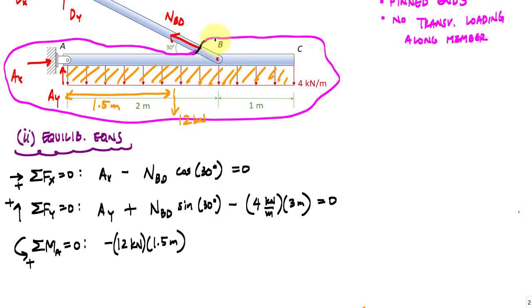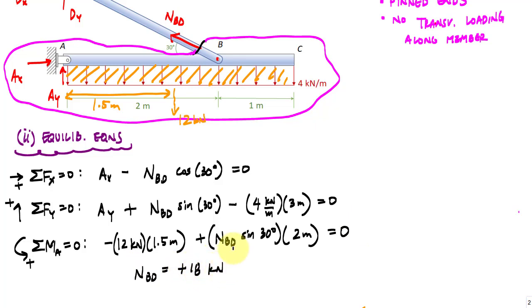And the vertical component of NBD, acting through point B, causes a positive moment around A, so plus NBD sine of 30 times 2 meters equals 0. I can use this equation to solve for NBD, positive 18 kilonewtons.